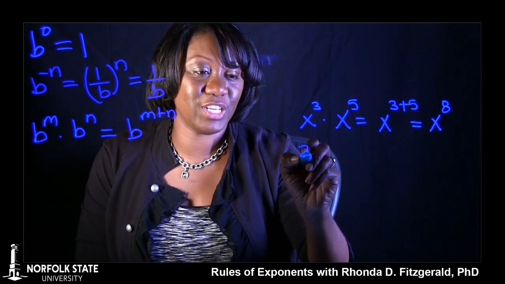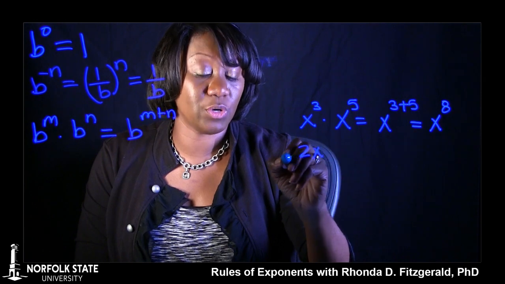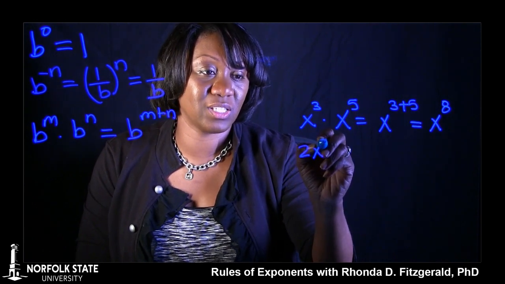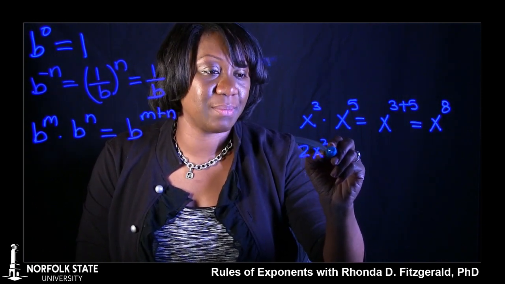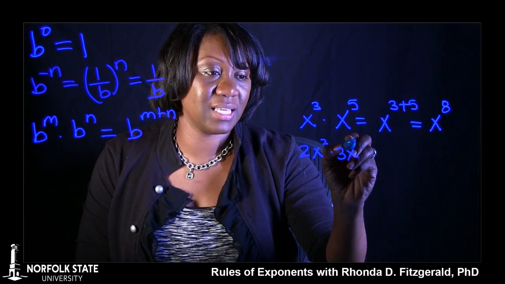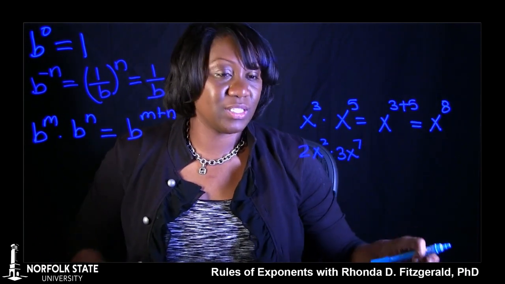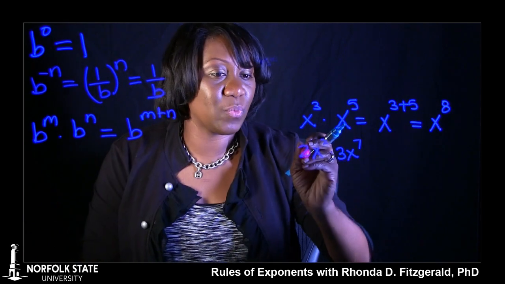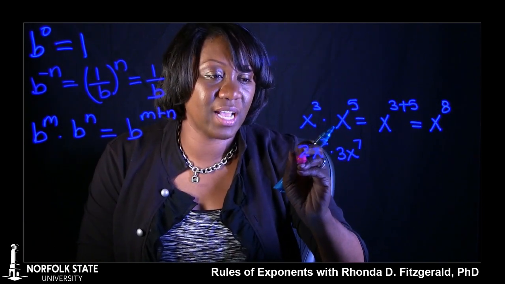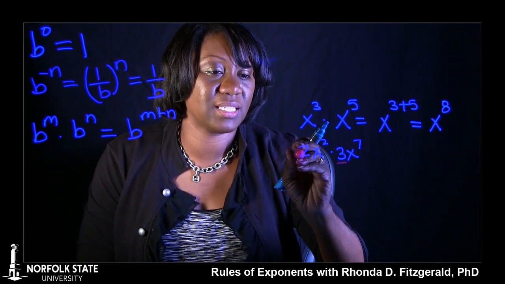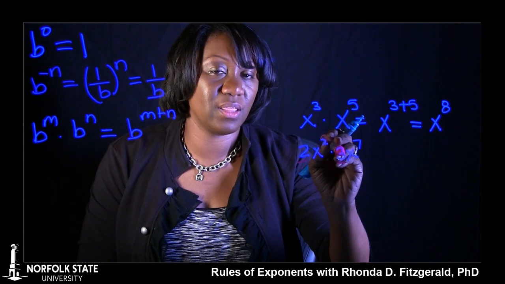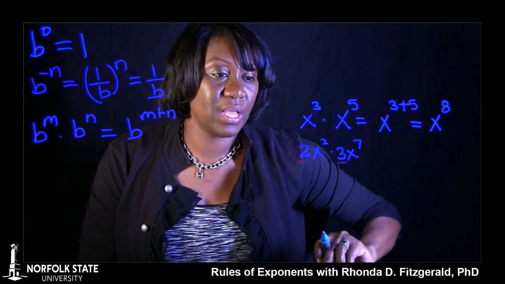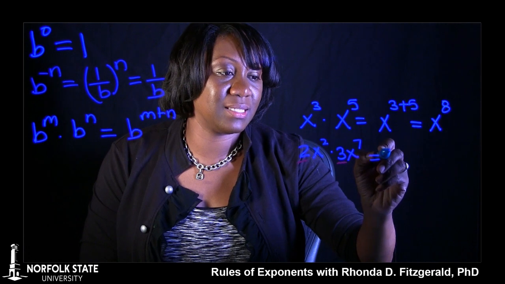What if I had 2x squared times 3x to the 7th power? Notice here we have some numbers in front of our variables. In this particular case, I want to take 2 and 3 and multiply them together to give me 6.